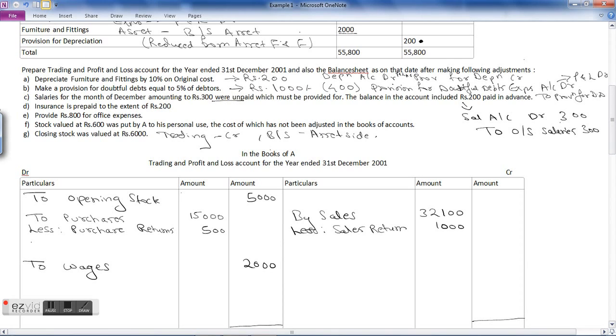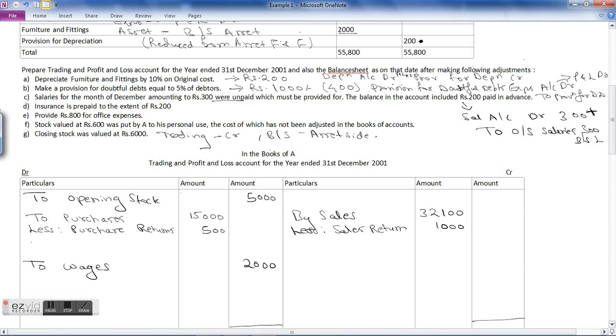So this salaries account will again be transferred to your profit and loss account. Correct? So the entry will be profit and loss account debit to salaries account. So your salaries account will get increased by 300, and in your balance sheet liability side, outstanding salary is a personal account. Correct? So on the balance sheet liability side, this will appear as outstanding salaries 300.